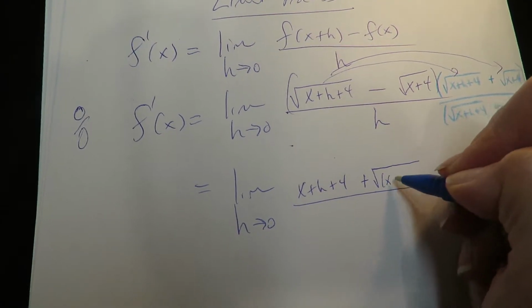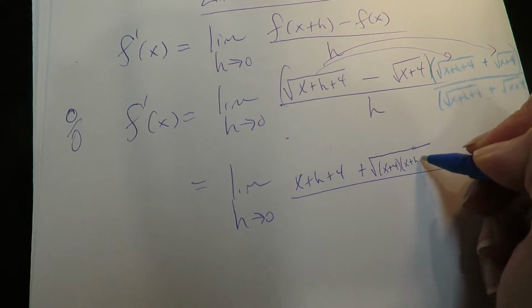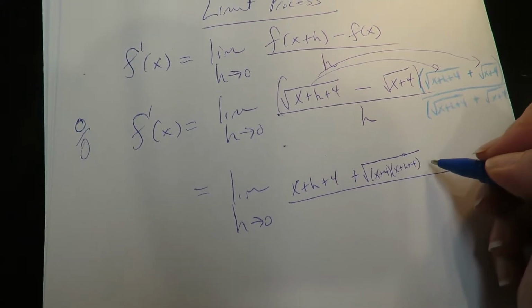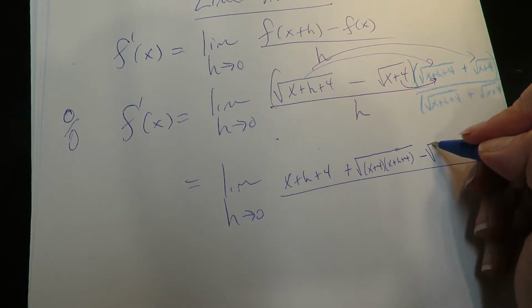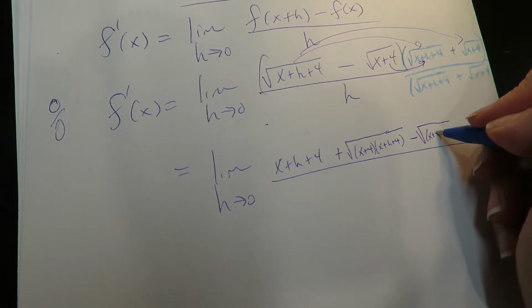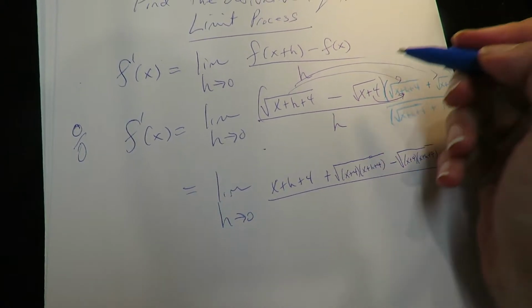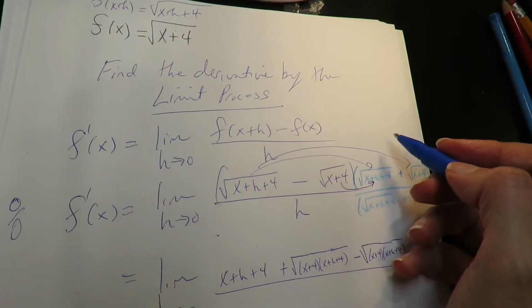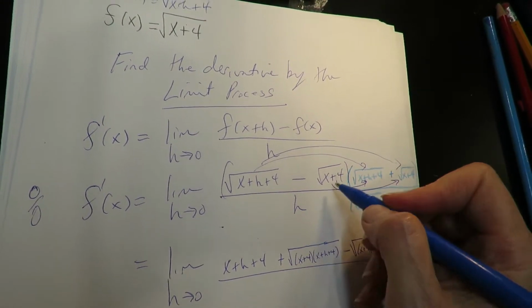I'm not going to FOIL it out though. They're both under the radical. All right, this times this. And then this times this. So this is where you're going to see students will screw this up because it's a little confusing.